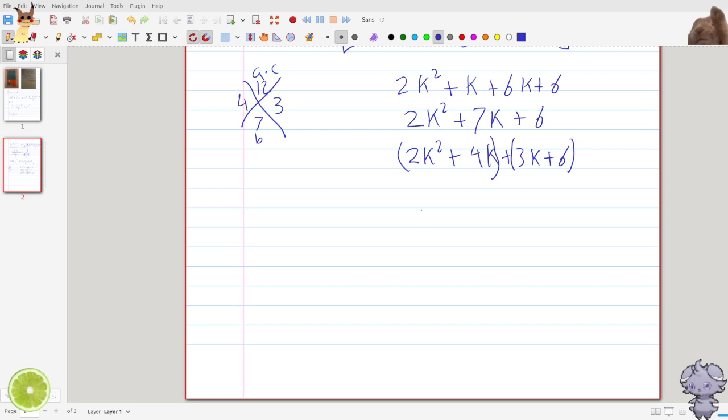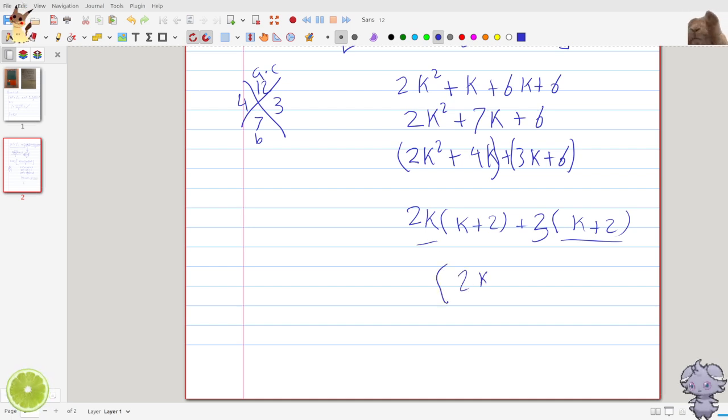We will take 2k here, and the rest will be k plus 2, and from here we will take 3, and the rest will be k plus 2. So we have a common factor. The factorization of that first term is 2k plus 3 times k plus 2.